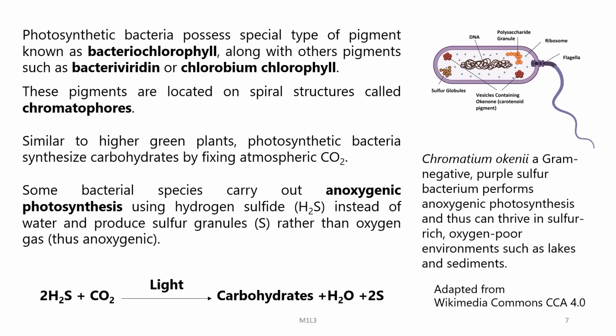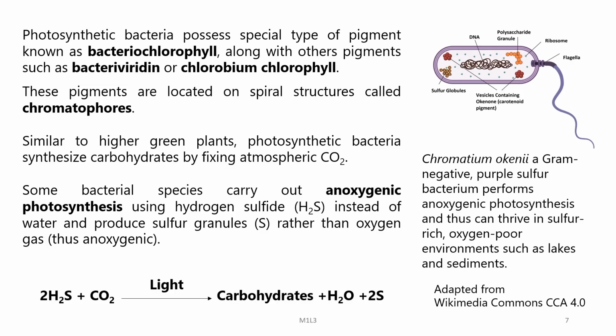These photosynthetic bacteria possess a special type of pigment known as bacteriochlorophyll, which we mentioned briefly in the last class. They also have other pigments like bacterioviridin and chlorobium chlorophyll. These pigments are located on spiral structures called chromatophores.